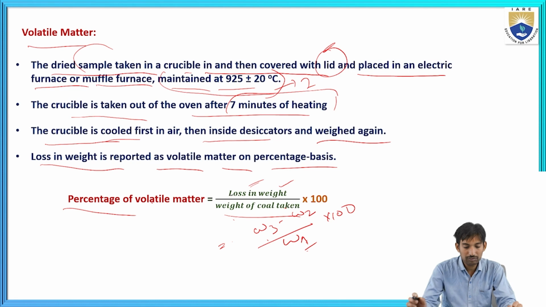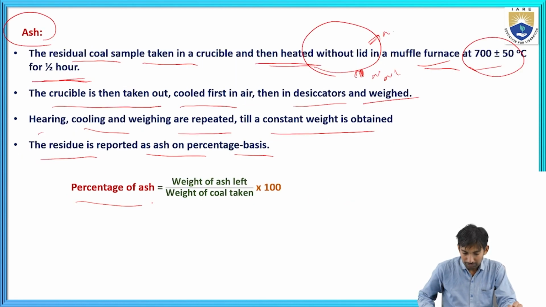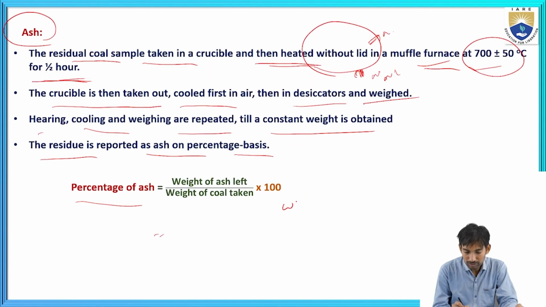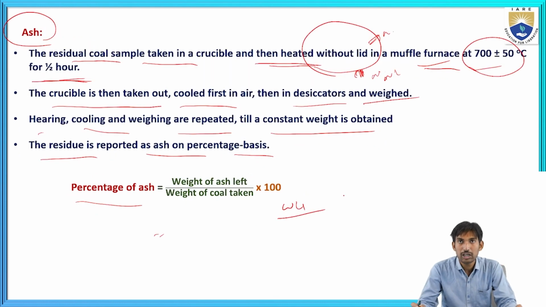The percentage of ash is equal to the weight of ash left divided by the weight of the coal taken, into 100. The weight of the ash left is W4, and the weight of coal taken is W1, so percentage of ash equals W4 by W1 into 100.